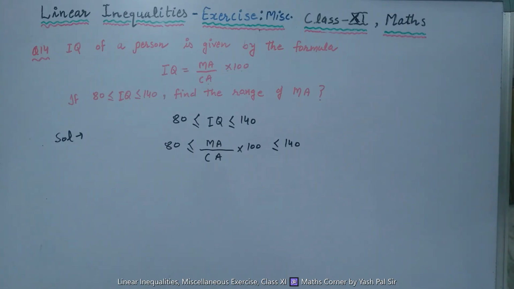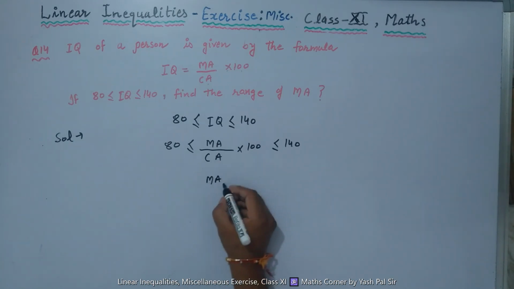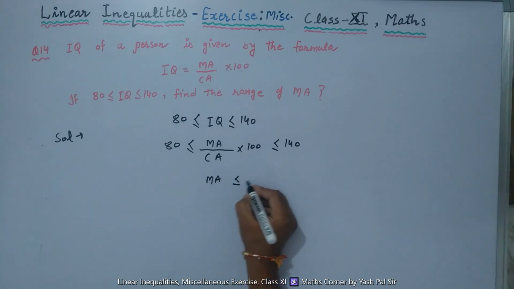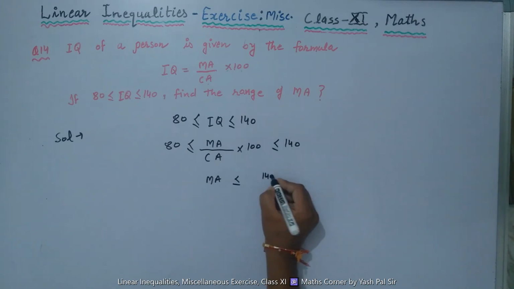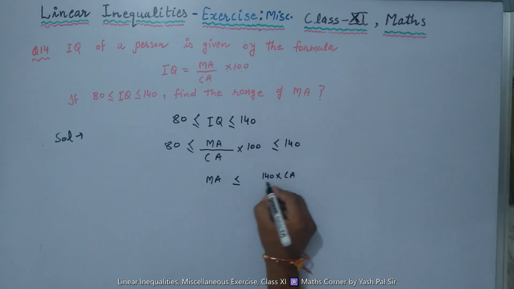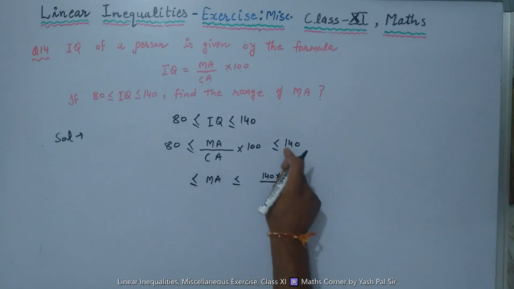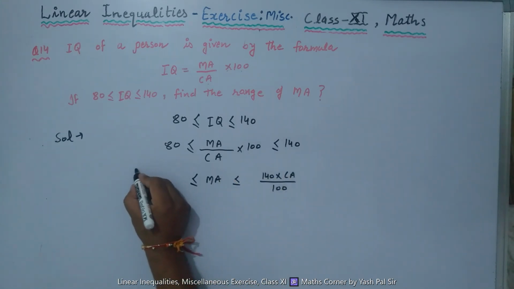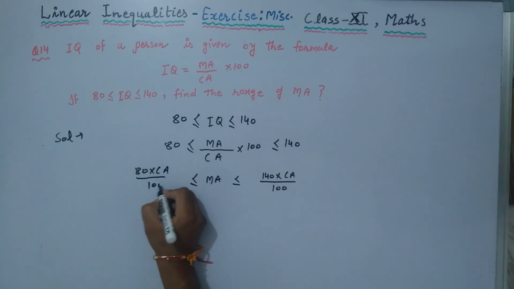So find the mental age. So now we have MA less than or equal to 140 into chronological age divided by 100, greater than or equal to 80 into chronological age divided by 100.